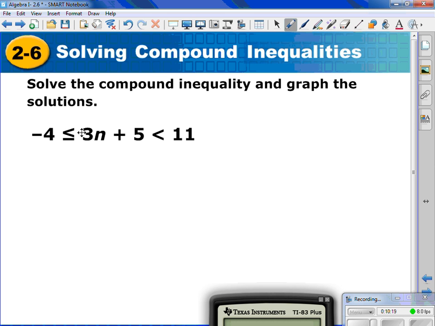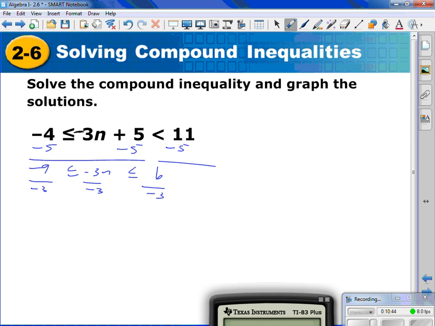this was a negative here? And this is a great question. We still subtract 5, subtract 5. We still get the negative 9. I erased too much. 6. Still divide. Negative 3, negative 3, negative 3.